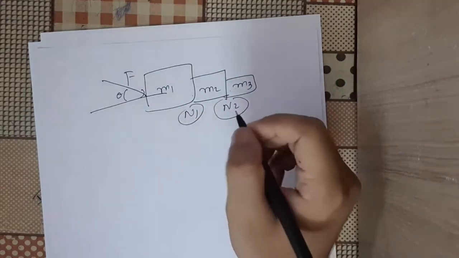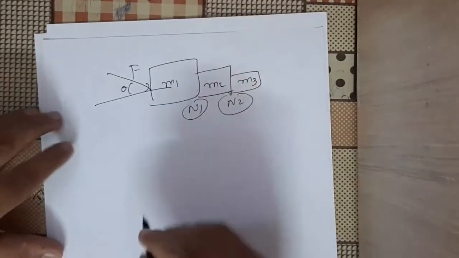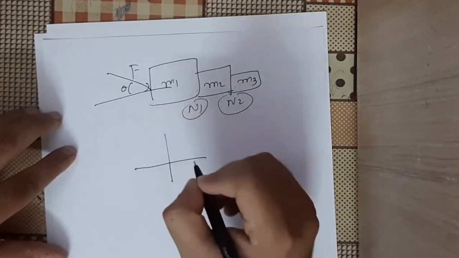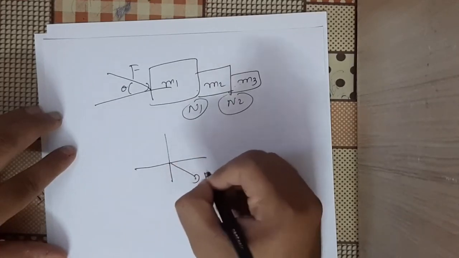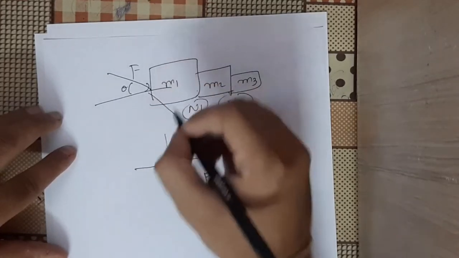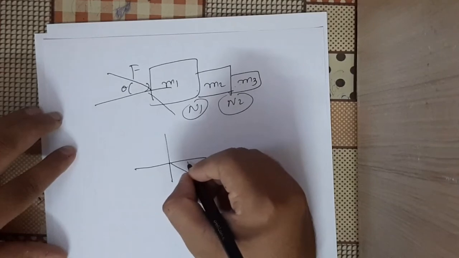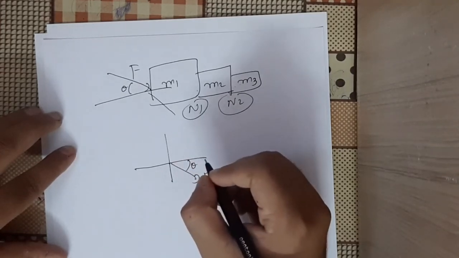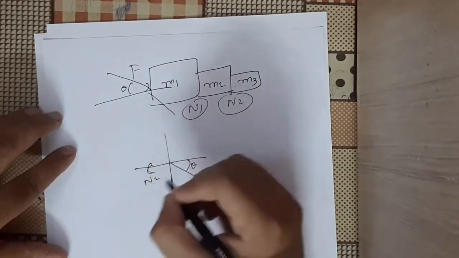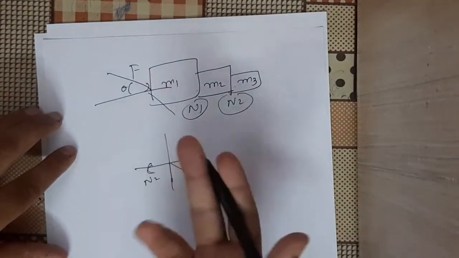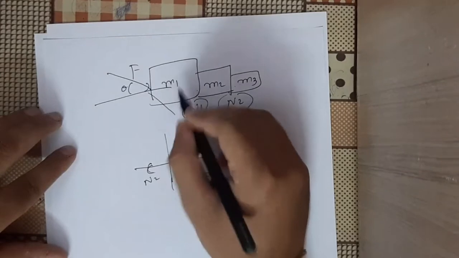Okay, so what you can do is you can simply make the FBDs for m1. We can say that there is a force F like this, which will be making theta from horizontal, and then we can say that there will be a force because of m2, which will be N2. Let us not take forces of the ground, or you can take them if you want, because we don't want to find the forces of the ground.